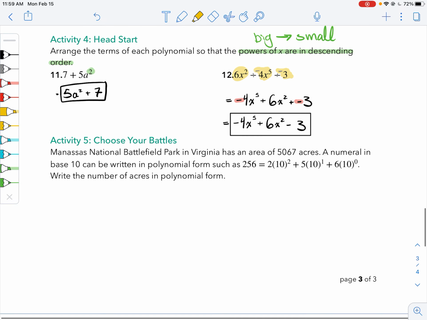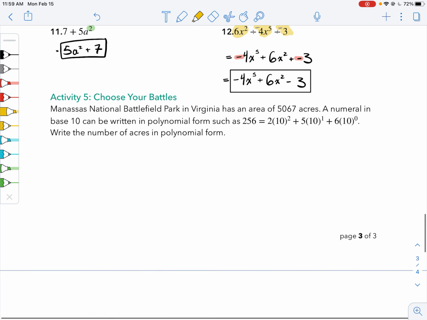All right? Okay. So here we've got a park in Virginia. It's Manassas National Battlefield Park with an area of 5,067 acres. We're writing this in base 10 by separating these guys as powers of 10.